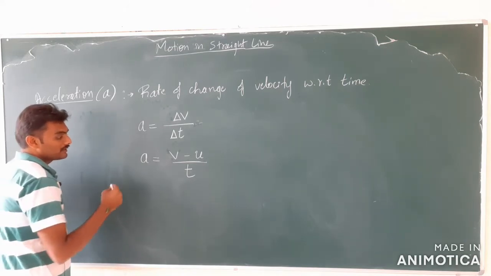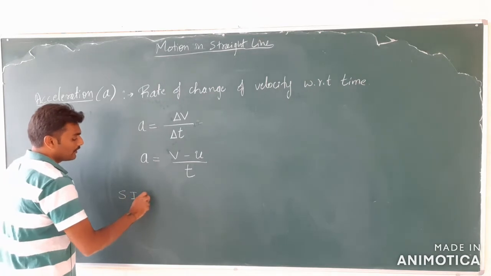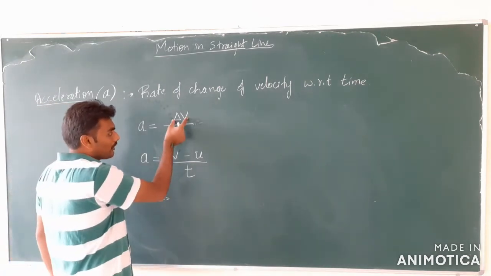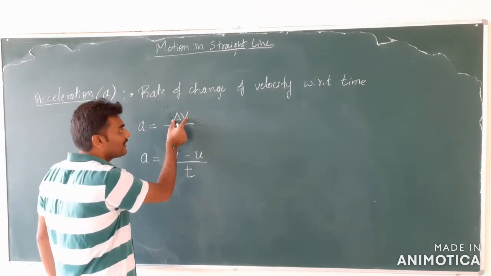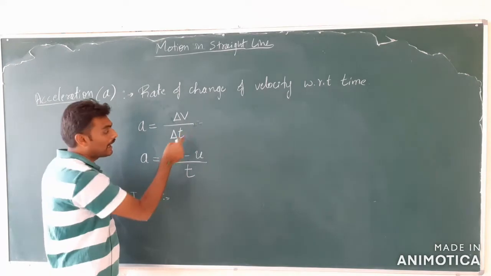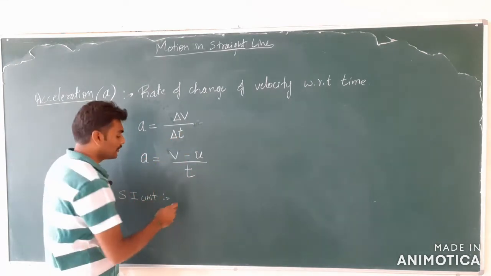What is the SI unit of acceleration? See, velocity is in the numerator, which has the unit meter per second, and in the denominator you again have second.